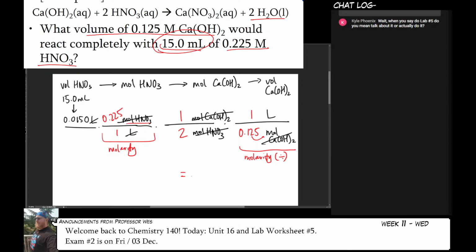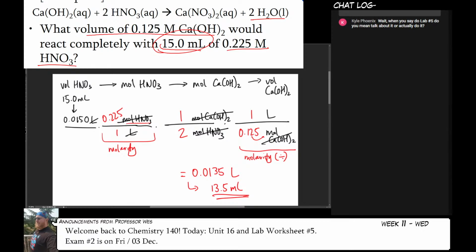All right, so when I did the calculation, I got 0.0135 liters, which we could then turn back into milliliters if desired.